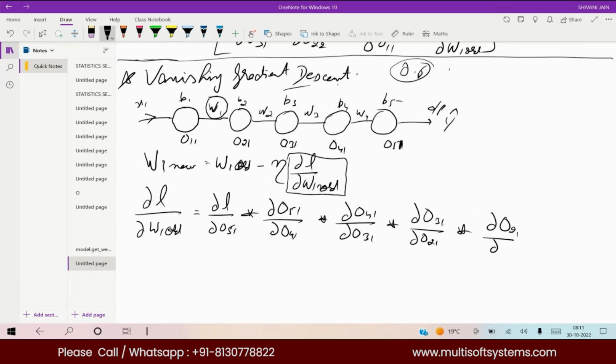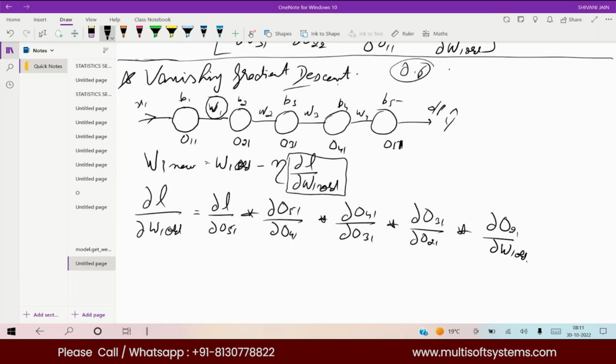We have to reach W1, so we have to solve up till this point.